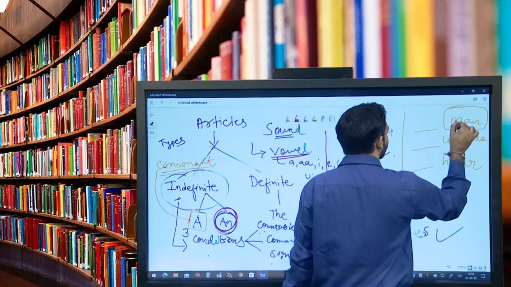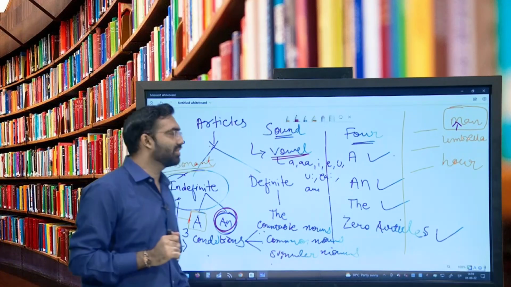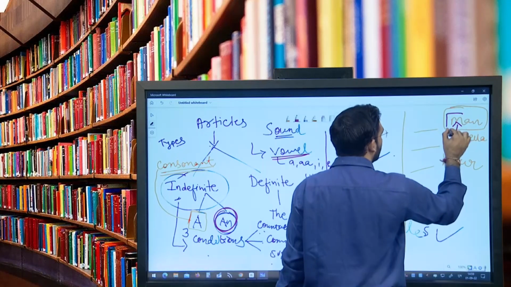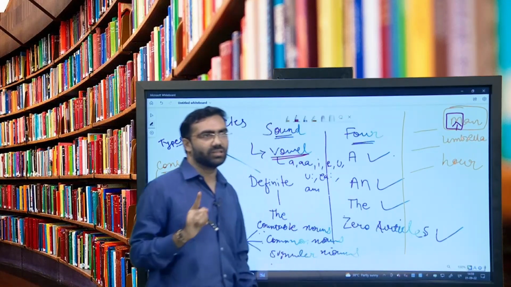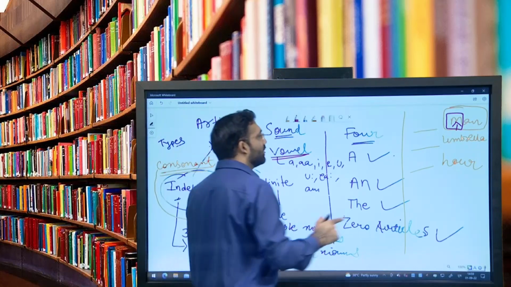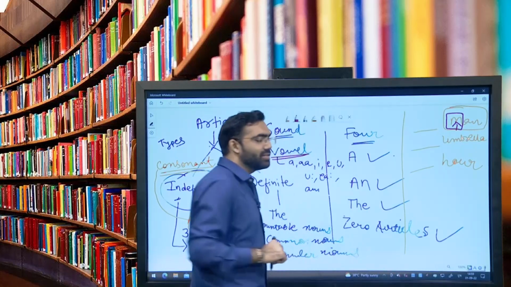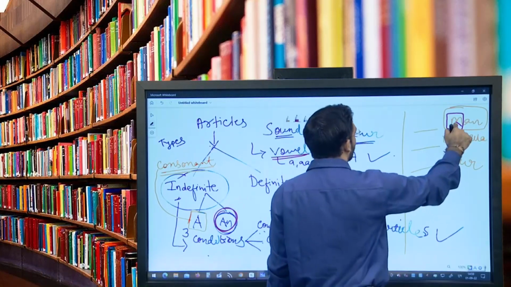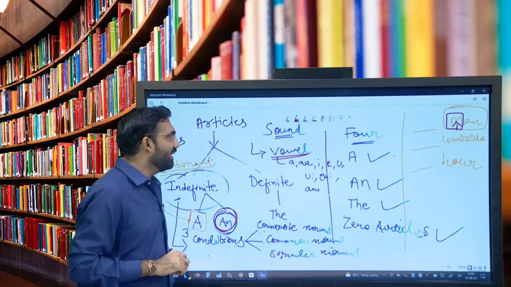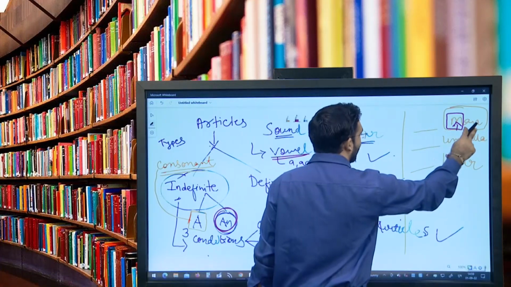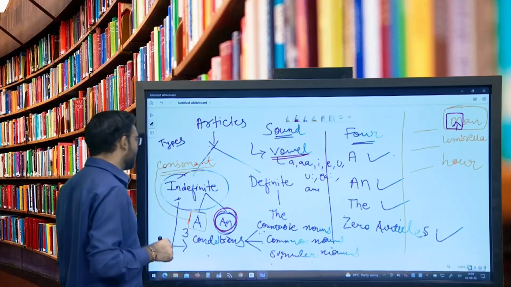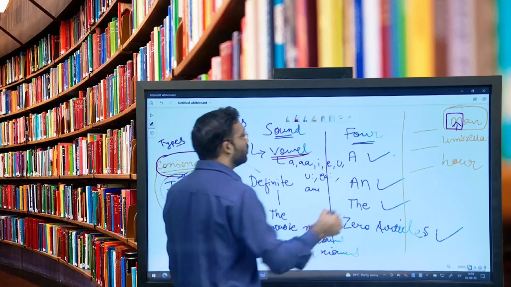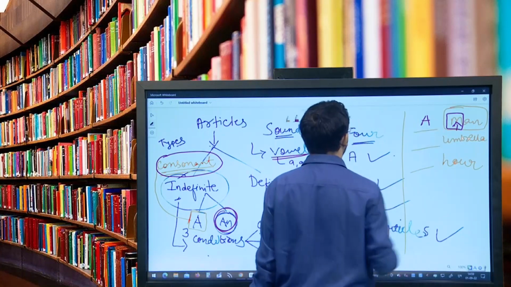Look at the sound of the first letter of your word. I'm not saying letter, I'm saying the sound of the first letter of your word. Does it start with a consonant or does it start with a vowel? Here, the word man starts with a consonant, and if it starts with a consonant, you would use article a.